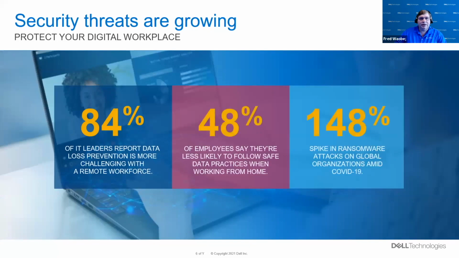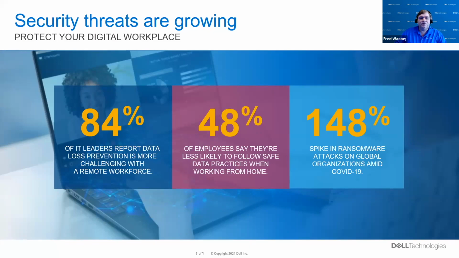Looking at the environment as a whole, one of the major items that endpoint users are always concerned about is security. IT leaders feel it is challenging to deploy clients into remote offices and remote workspaces such as home offices.